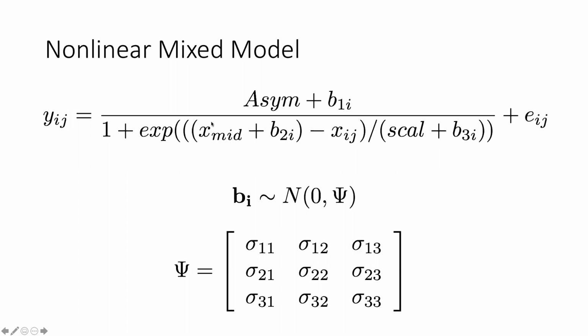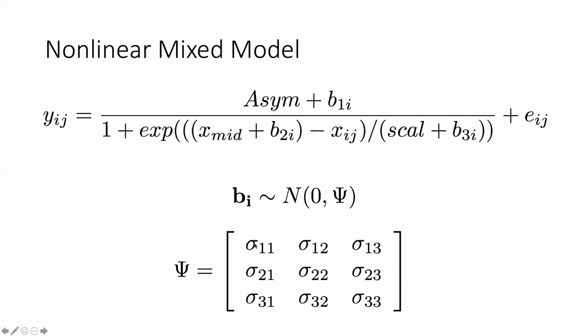And for the x midpoint, or the inflection point, we have some random deviation due to tree. And for the scale that controls the spread of that function, we have some random deviation, beta 3, due to tree. Now, if we put all these b's into a vector that depends on tree, we assume that they're normally distributed, but by now I'm generalizing this a little bit more, and there's a covariance structure of the random effects.